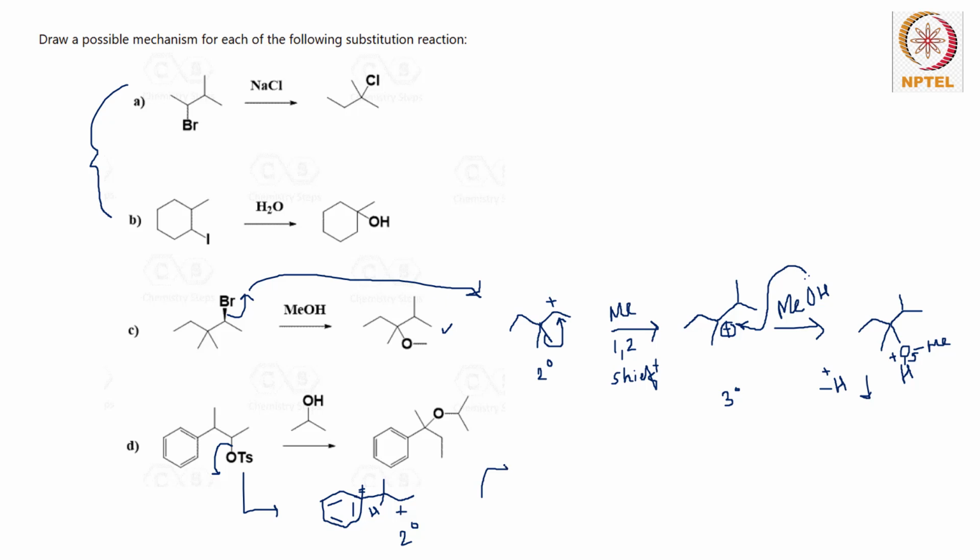So if hydrogen shift is happening, then we will get this. I am doing both so that you can get an idea how to choose when methyl will be shifted, because sometimes I am shifting the methyl, sometimes I am shifting the hydrogen. So you have to get an idea which group will be shifted. If we shift the hydrogen, we will get this carbocation.